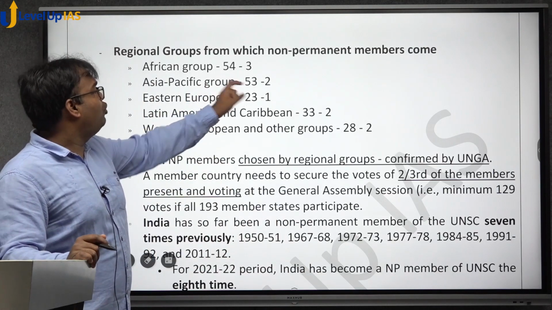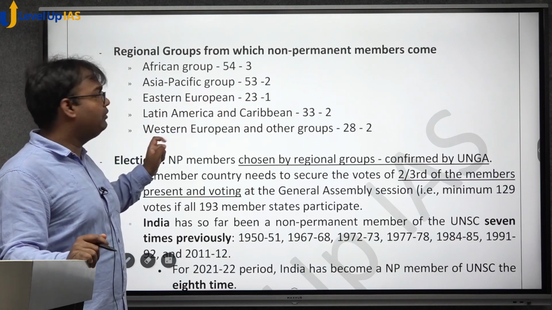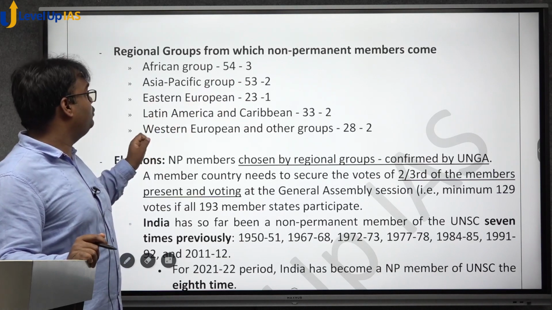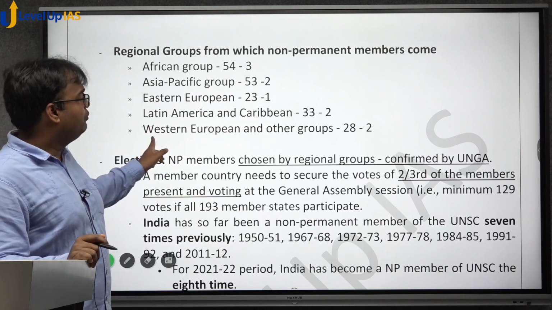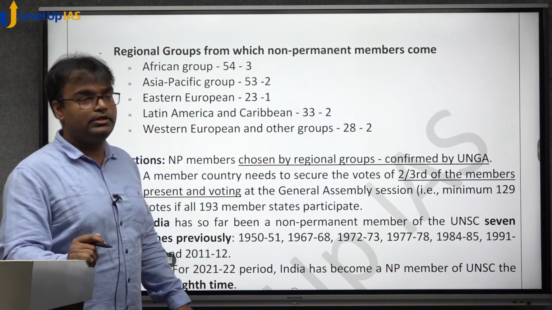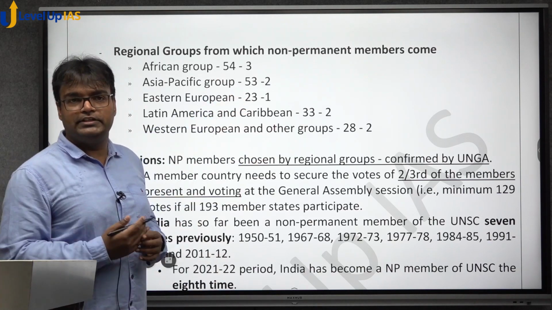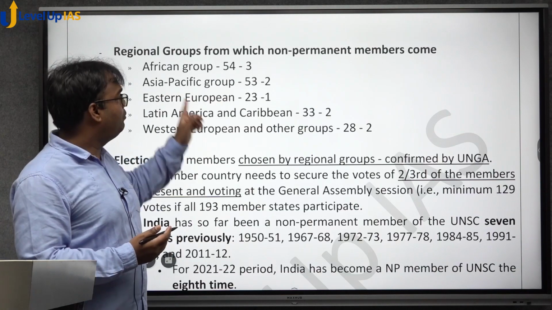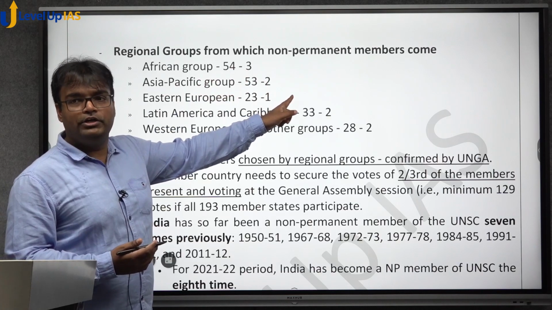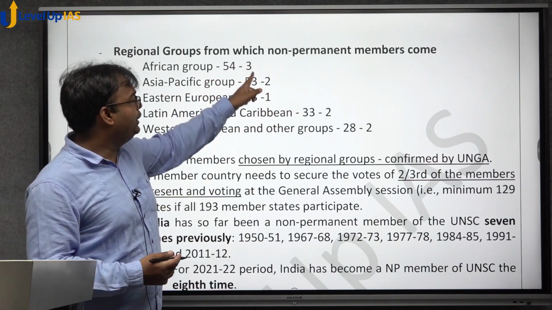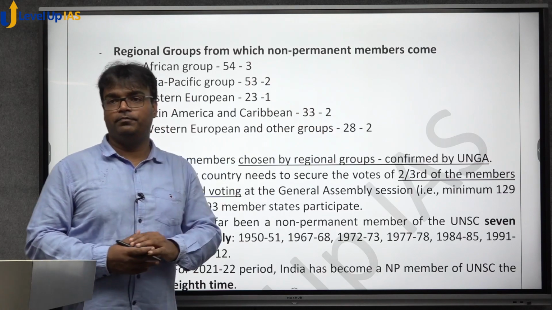We'll have 2 non-permanent members from the Asia Pacific group. We would have 1 from the East European group, 2 from Latin America and Caribbean, and 2 from Western Europe and other groups. Here, the number I have mentioned is the number of non-permanent members from each region. So 3, 2, 1, 2, 2 makes 10.